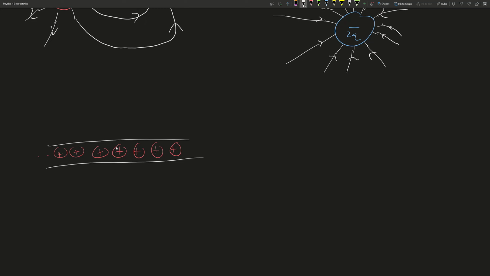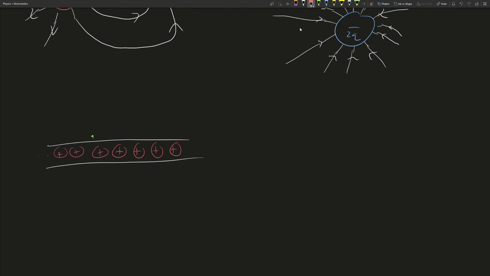Since it extends infinitely far, if we put a charge right here, first of all, it's going to be perpendicular. And second of all, the forces from these particles, since it's symmetric, will all cancel out, because the force from one particle over here will get canceled out by the force of a particle on the other side since it extends infinitely far.